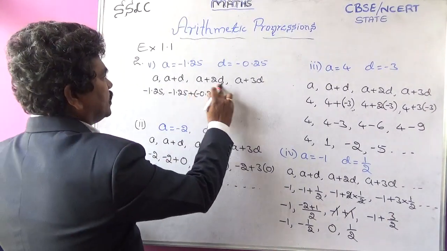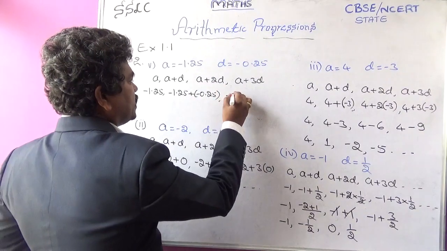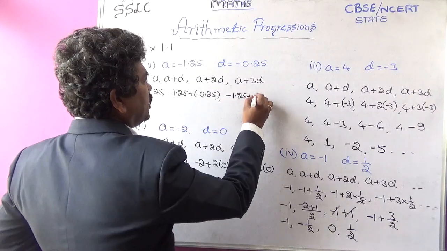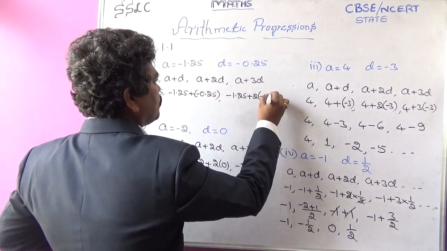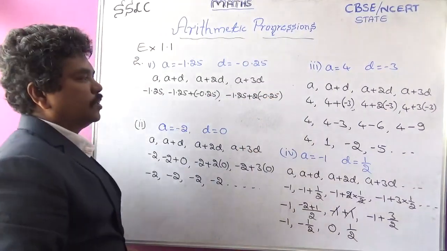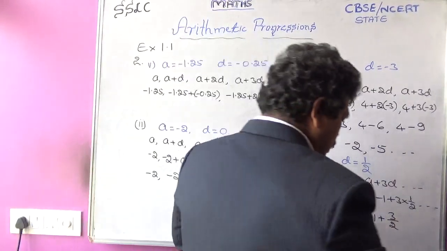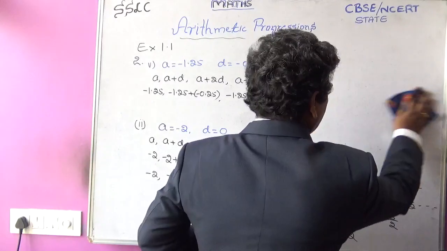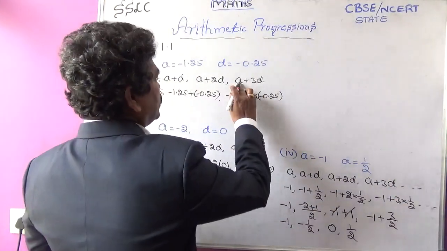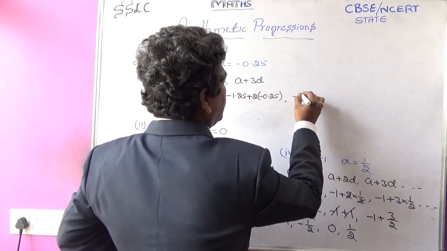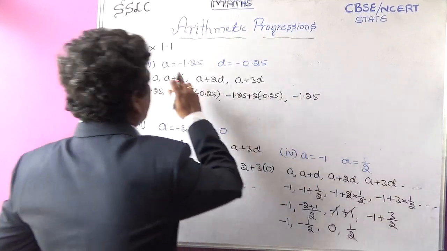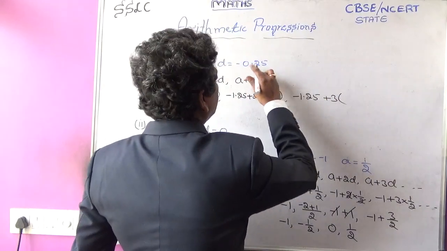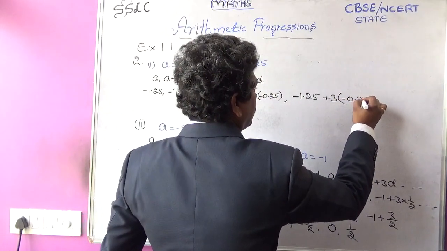So then for this one we have to substitute minus 1.25 plus 2 into minus 0.25. So now we have to substitute one more value here. For this one we substitute minus 1.25, the value of A, plus 3 into minus 0.25.